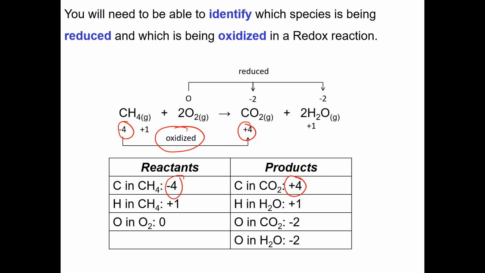Similarly, if we look at our other reactant, we see that the 4 oxygen atoms, their oxidation number changed from 0 to -2, so that reactant underwent reduction. So that's pretty cool. Because oxidation is loss and reduction is gain, we know that the electrons are moving from the methane to the oxygen.